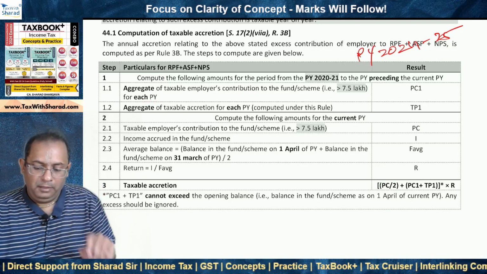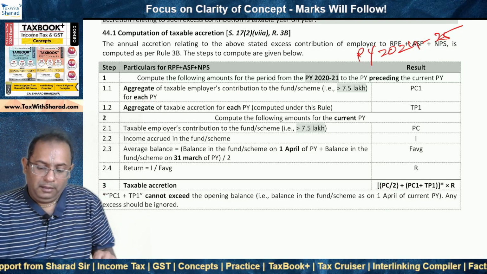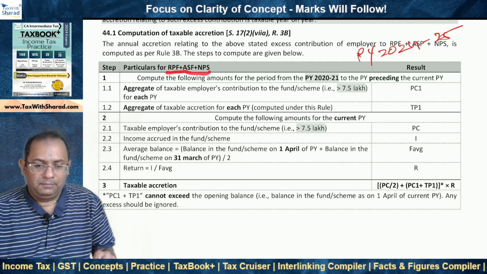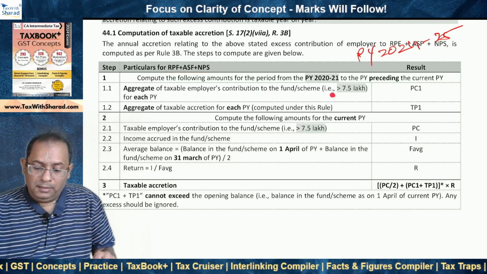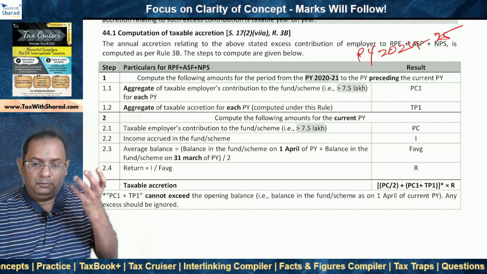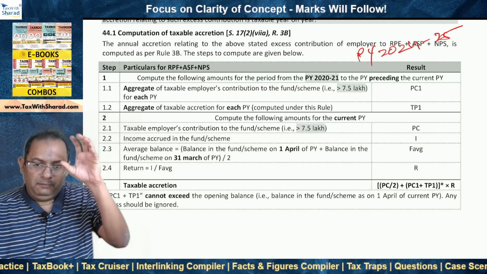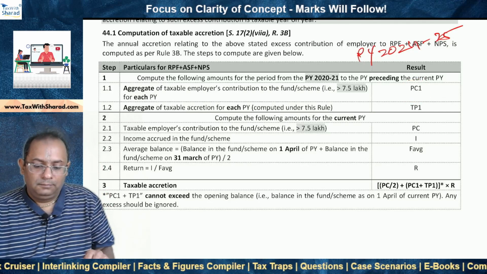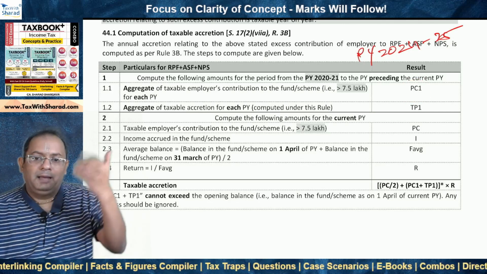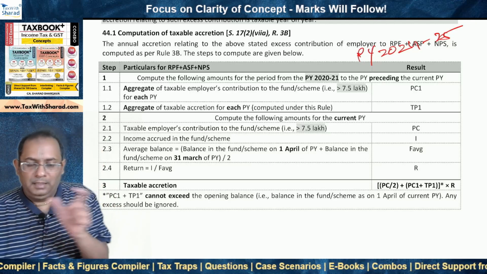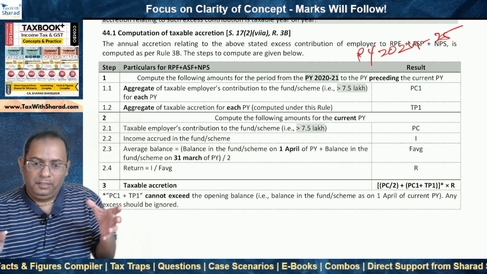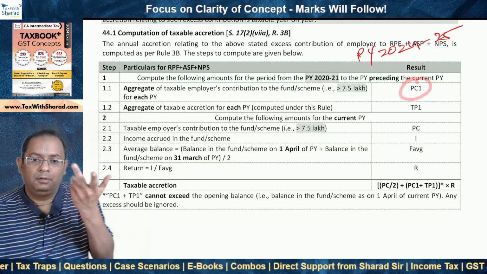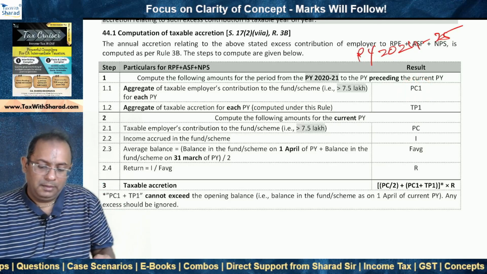Okay, so for these 4 previous years, for each previous year we find out whether the employer's contribution to RPF, ASF and NPS was more than 7.5 lakh. So we pick up the excess for each year and then we aggregate, we total that excess and that becomes PC1. Okay, so if it is say 8 lakh in all these 4 years, so 50,000 is the excess beyond 7.5 lakh in each of these 4 years. So 50,000, 50,000, 50,000, 50,000. So PC1 will become what? It will become 2 lakh. Okay.